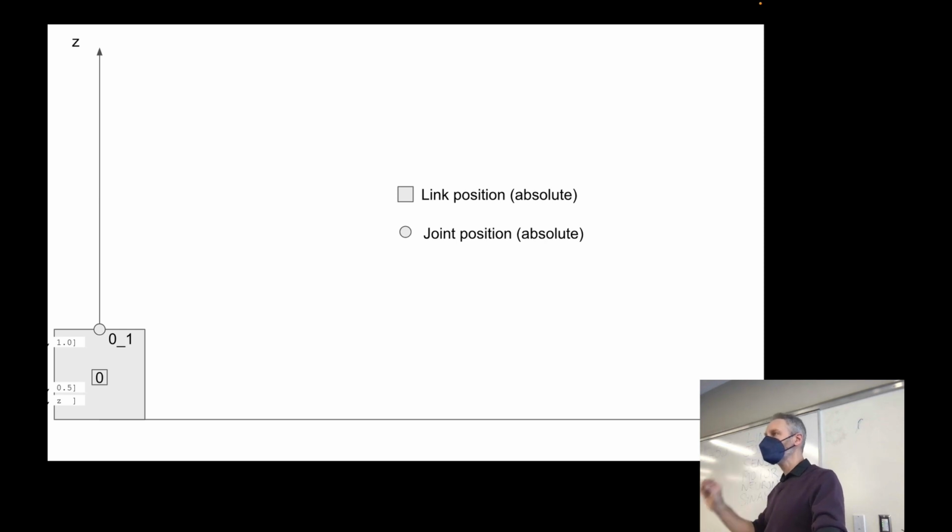It's easy to get that position wrong, and because the joint itself is invisible, it's hard to know whether you got it in the right place or not. Yeah? Okay. To start with, we're going to define the position of joints in absolute coordinates, like we did for links. What do I mean by absolute coordinates?